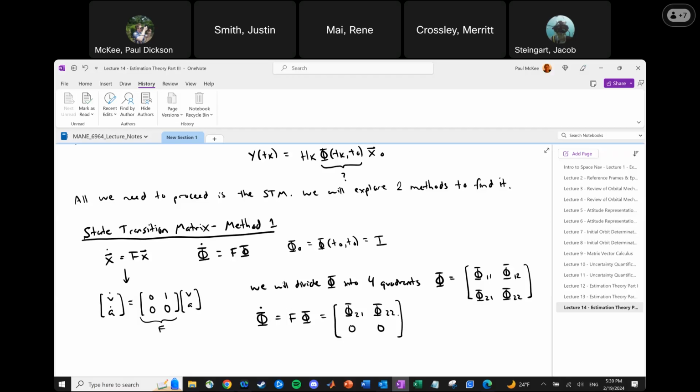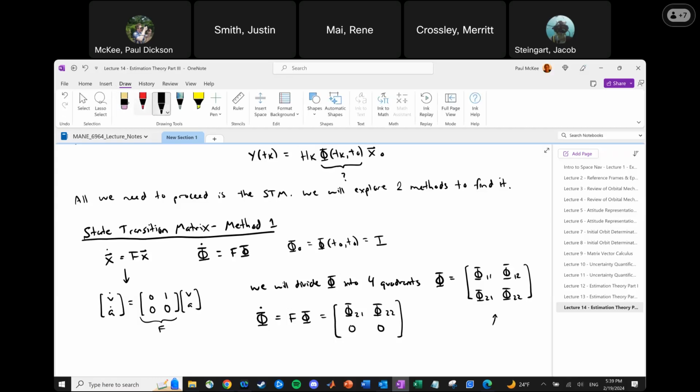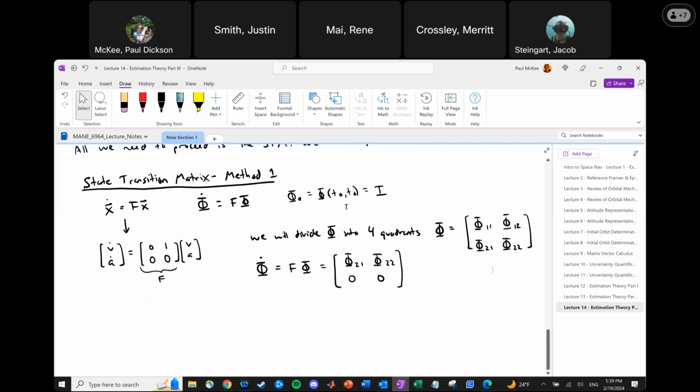So there's our phi dot. All I did was I multiplied the F matrix by this matrix. Hopefully it's straightforward where that all comes from. So that actually sets up a relatively simple set of differential equations that we can solve pretty much just in our heads, essentially.